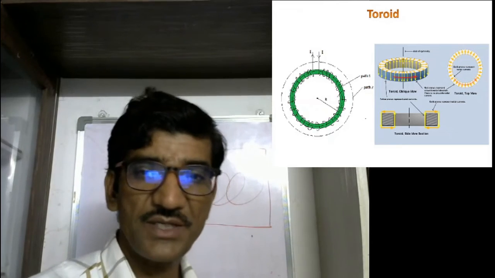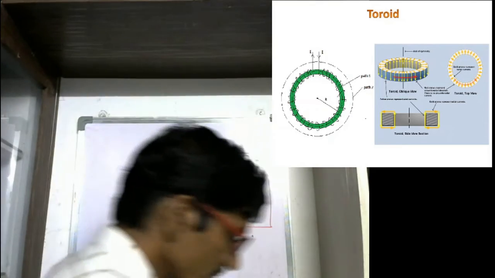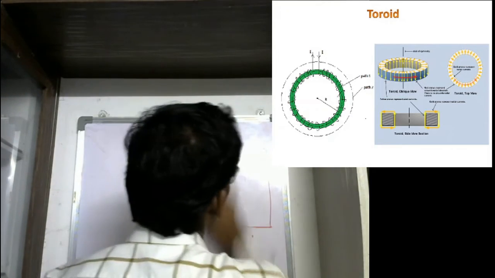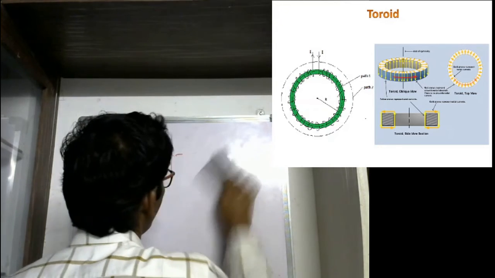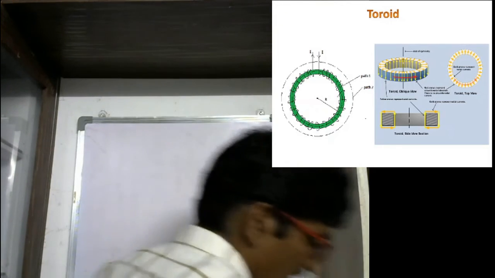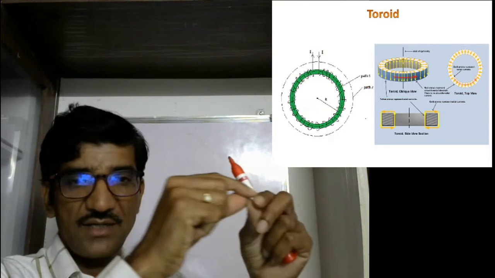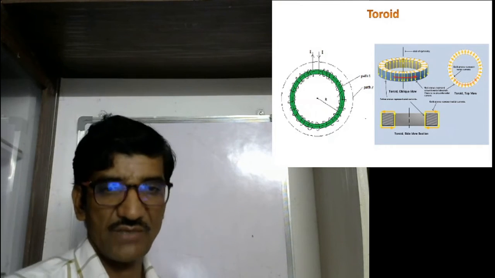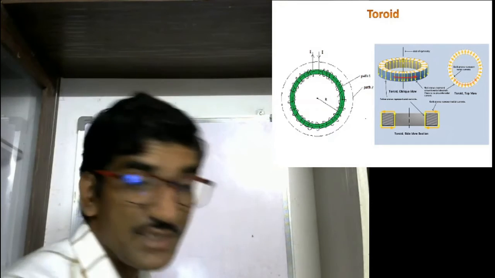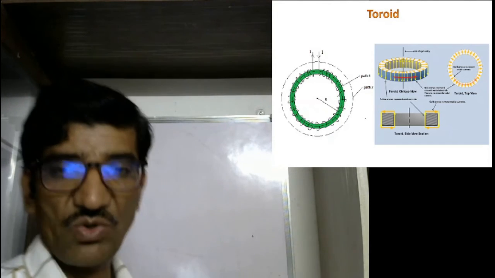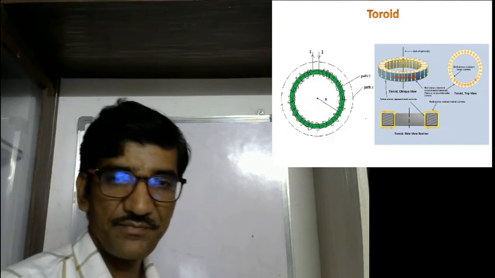Next we are going for the toroid. What is a toroid? Here we are making a ring with our long solenoid. We are joining the two edges of our solenoid. Then we get this toroid.